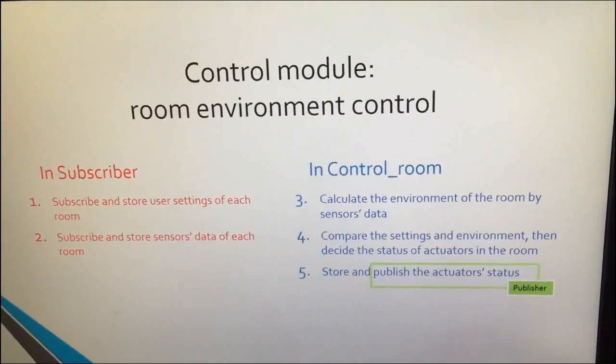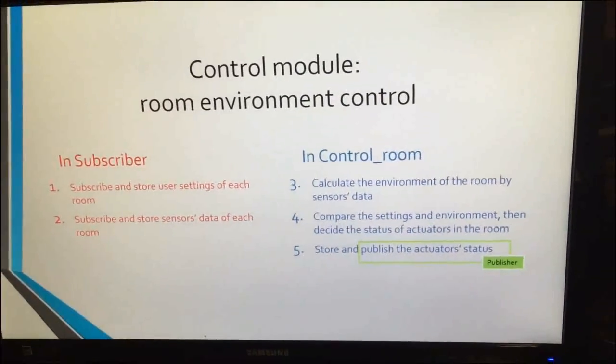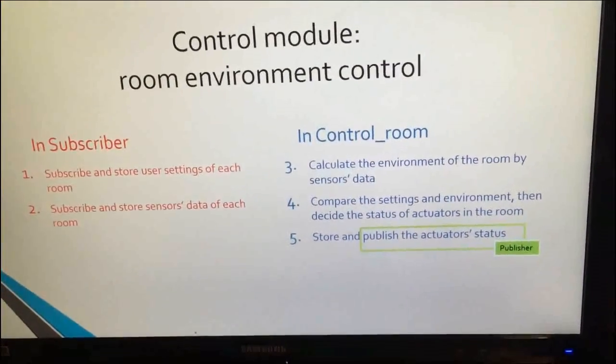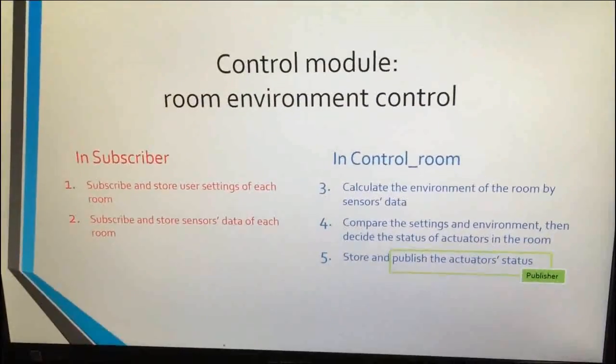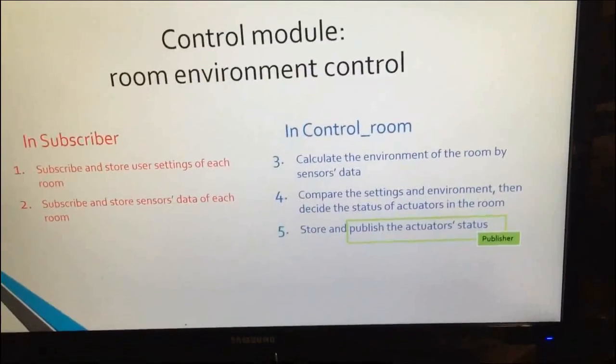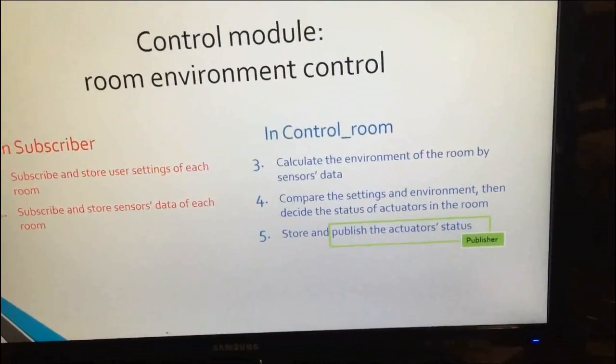To control every room, it has 5 steps. 2 are in on_message in the class subscriber, and the other 3 are in the control room class.